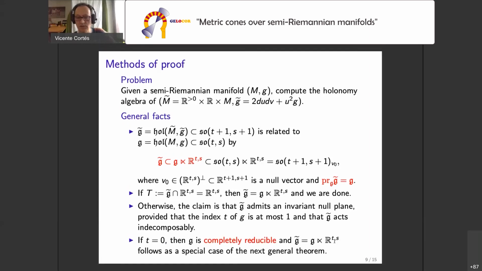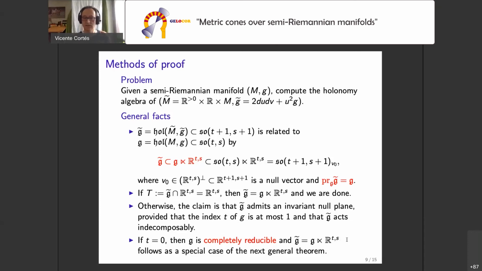Let us consider first the case when we have a Riemannian manifold M, which is simpler, just to get an idea of what is true. If the manifold M is Riemannian, then we know that the holonomy algebra will be the algebra of a compact group, and then it is completely reducible, so you can split your representation as a direct sum of irreducible representations.